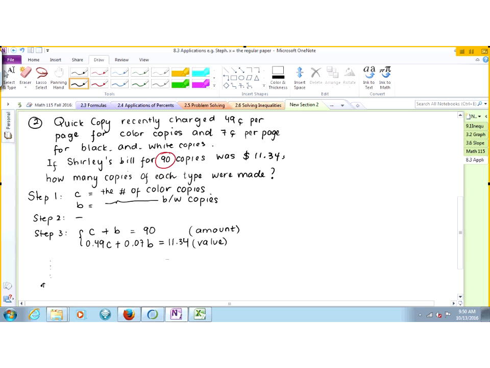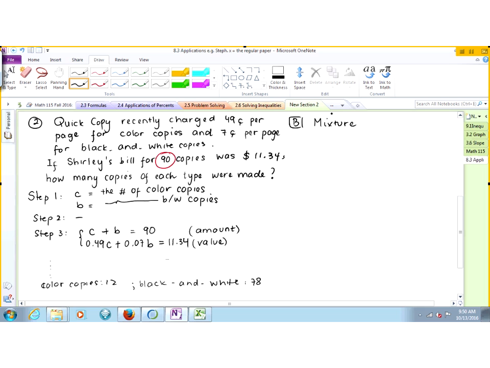After you finish, you're going to get color copies is 12 and black and white copies is 78. So later on, you could try and get C equal to 12 and B equal to 78. All right. Now let's talk about mixture.